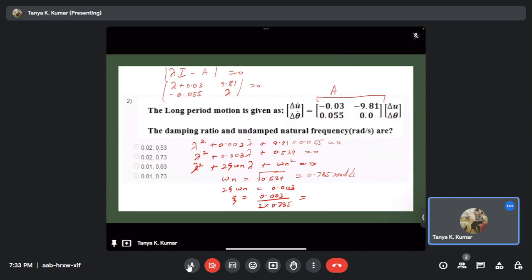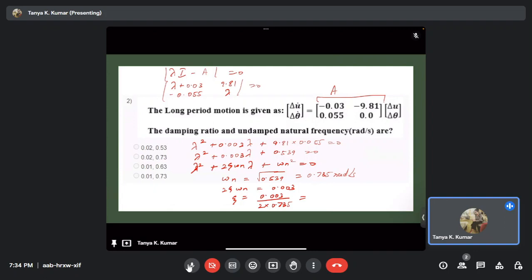Just calculate it and tell me. How much is the value?